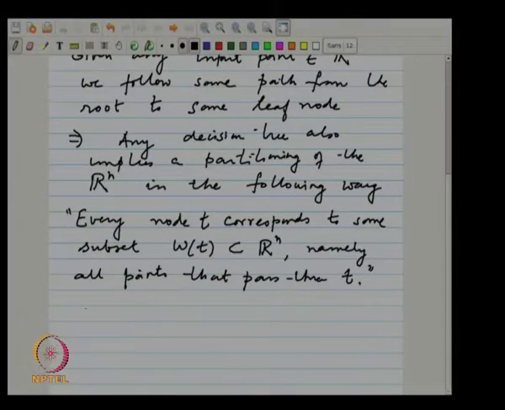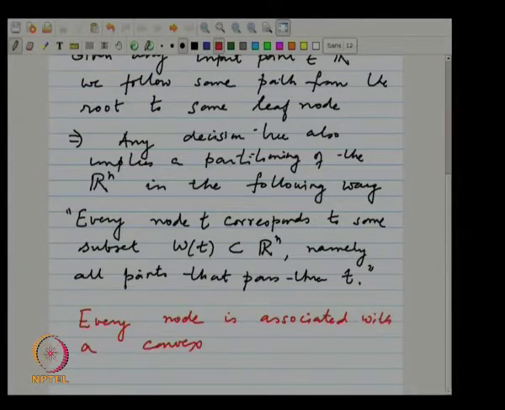So, the second property, let me highlight it. Every node is associated with a convex region.